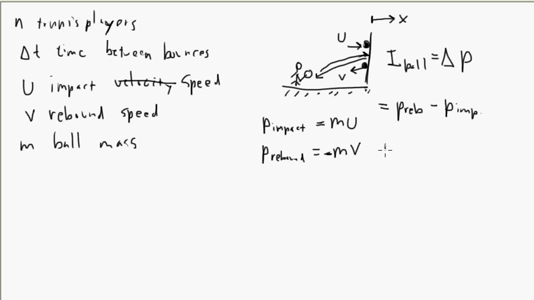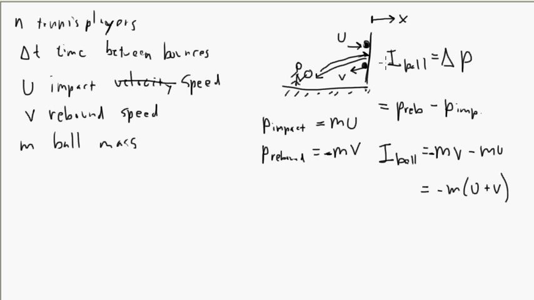So the impulse on the ball is going to equal negative mv minus mu. And so the impulse on the ball is going to be negative m times (u plus v).